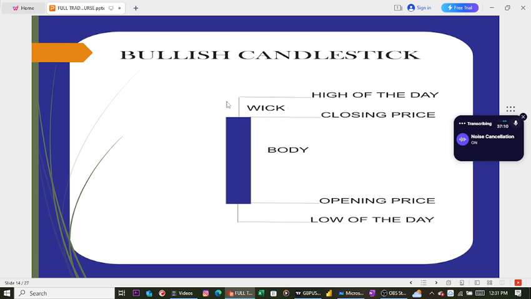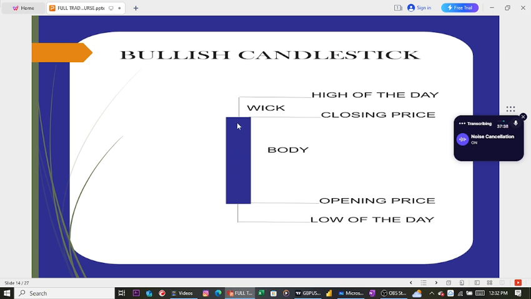We have the high of the day, which is the highest place where price has reached. The closing price is the point where price closed for the day, or for the hour or for the week. Then we have the opening price, the price at which price started for the day.